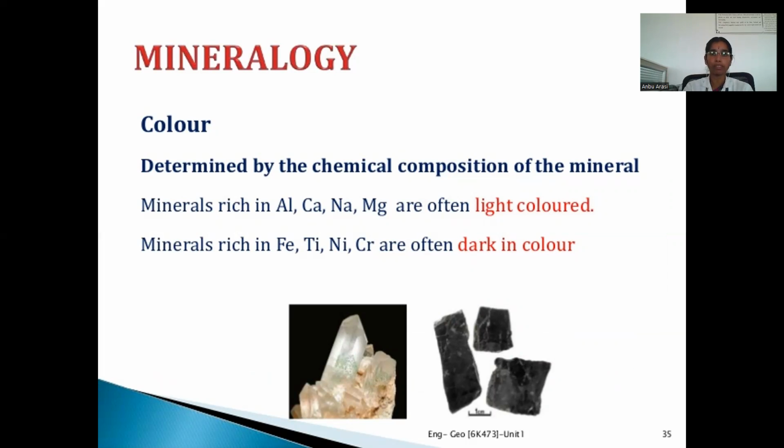Color is determined by the chemical composition of minerals. Minerals rich in aluminum, calcium, sodium, and magnesium reflect light colors. Minerals rich in iron, titanium, nickel, and chromium appear dark in color.